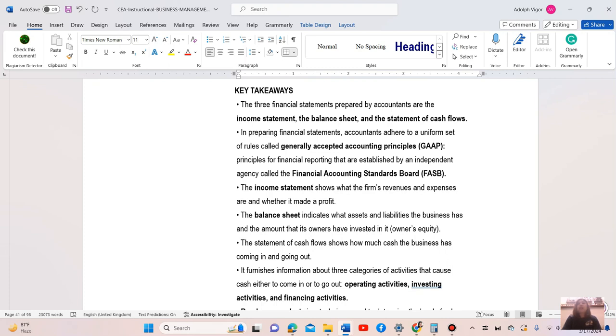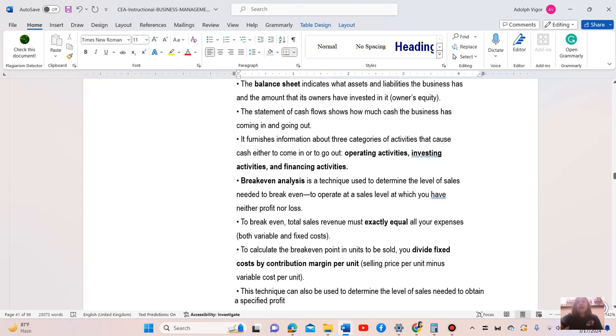The income statement shows the firm's revenues and expenses and whether it made a profit. The balance sheet indicates what assets and liabilities the business has and the amount that its owners have invested in it, the owner's equity.